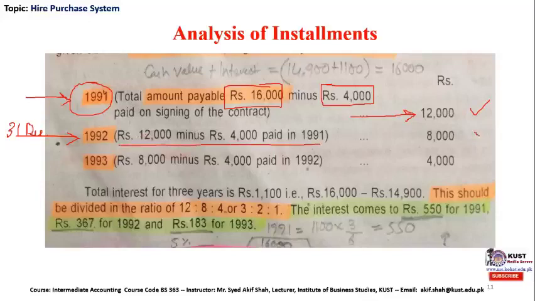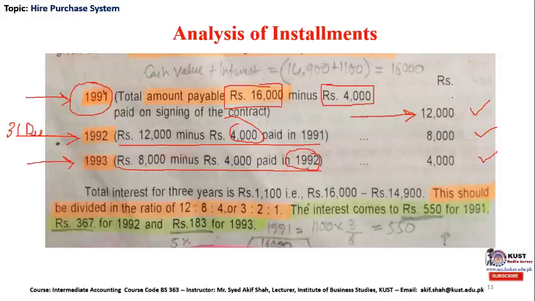The outstanding balance on this date will be 8,000. Similarly, at December 31st, 1993, since we have already paid 4,000 in year 1992, the remaining outstanding balance will be 8,000 minus 4,000, which is 4,000.